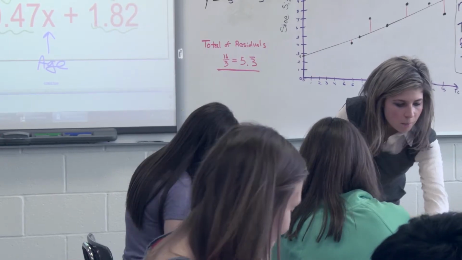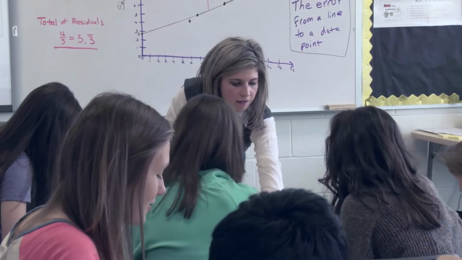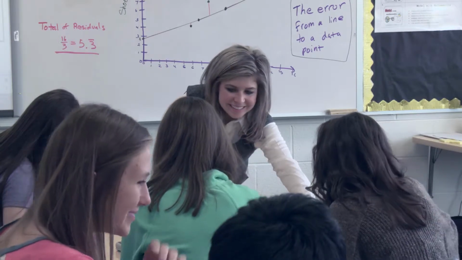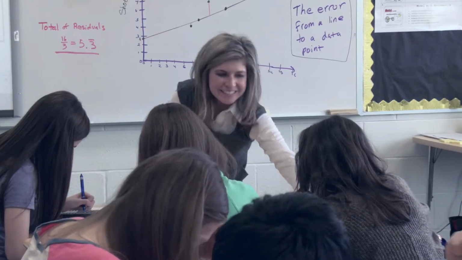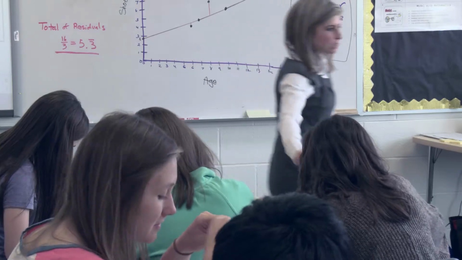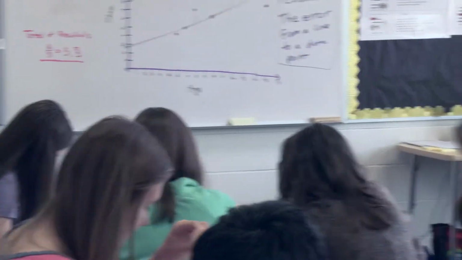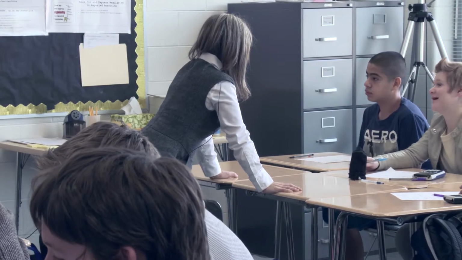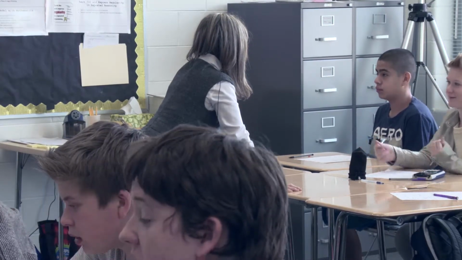Should we round? 0.4. Yeah, it's 0.47. So just being precise, attending to precision. What'd you get? Okay, I got it. I just did 5.5 because that's in the common.